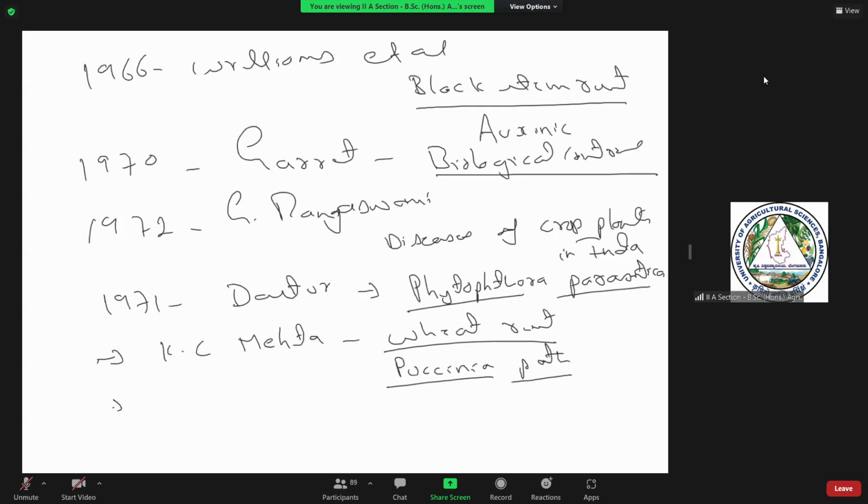In the same way, another person called Sadashivam worked on the mechanism of cotton wilt disease. How the infection takes place is what he was able to identify. Tirumalachar, M.J. Tirumalachar, made a very important contribution.